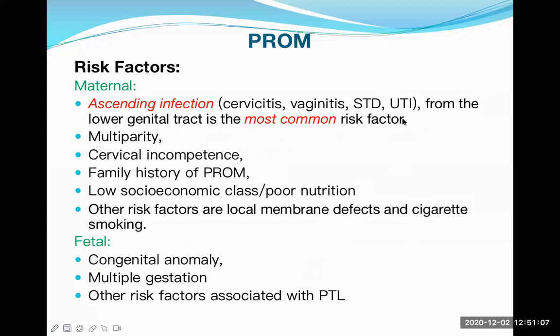Now it is both ways actually. Infection is the commonest risk factor of PROM, and PROM, if it is of a longer duration, that is more than 18 to 24 hours, has a high chance of causing fetal infection as well. So both things are correct here.